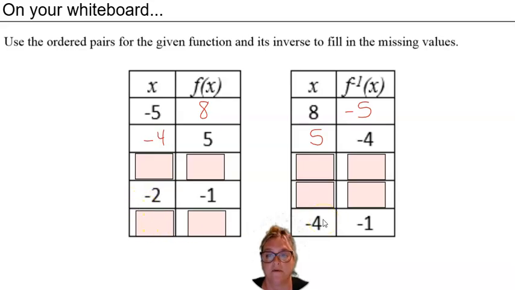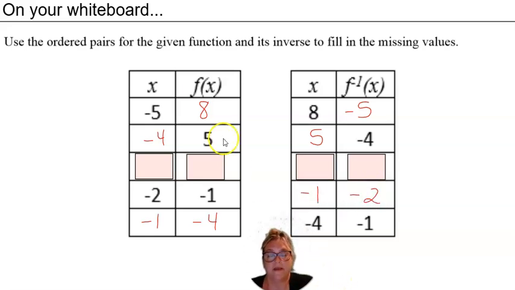For the 4, -1 on the inverse, that becomes -1, 4, and then -2, -1 on the function becomes -1 and -2. One that's a little trickier through the middle here, we can discern from the pattern in the x's.